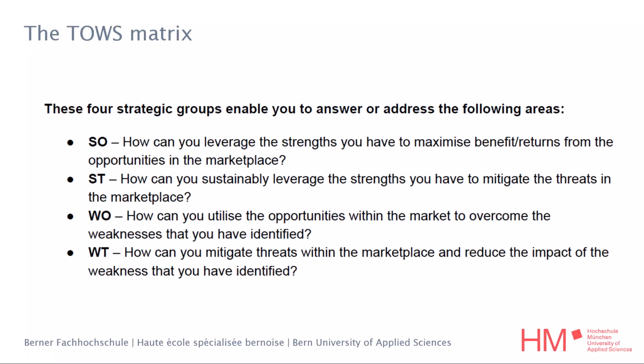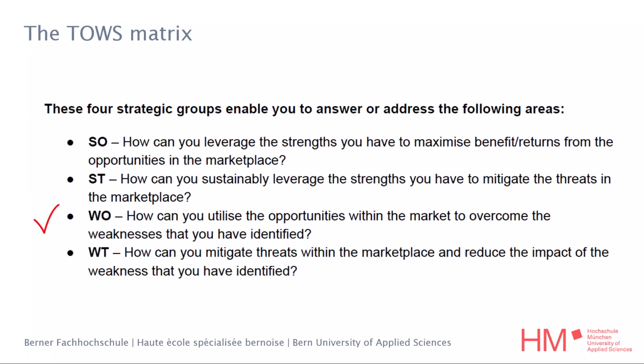So these four strategic groups that come in this 2x2 enable you to answer some of the following questions. The S and the O perspective helps you look at how you can leverage the strengths that you have in order to maximize the benefits and returns from the opportunities in the marketplace. The S and the T perspective shows you how you can sustainably leverage the strengths that you have in order to mitigate the threats in the marketplace.